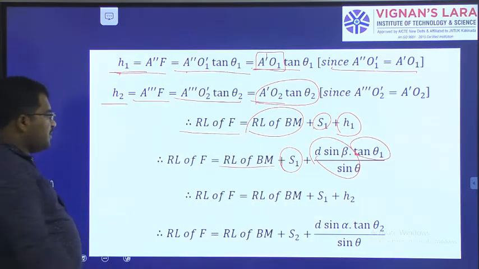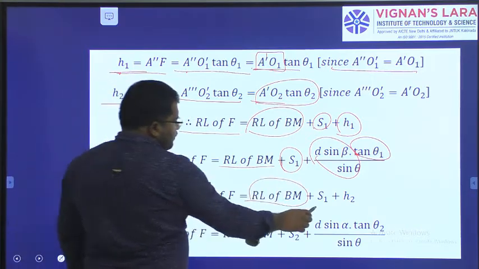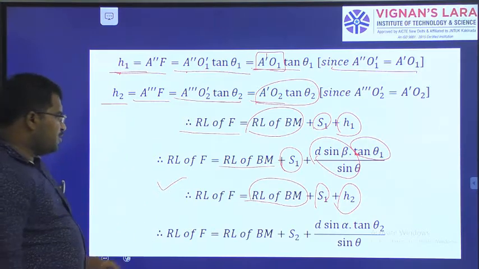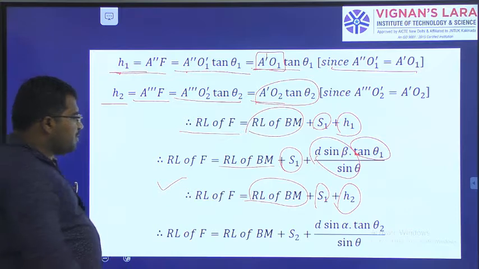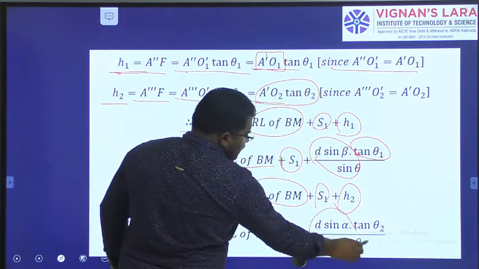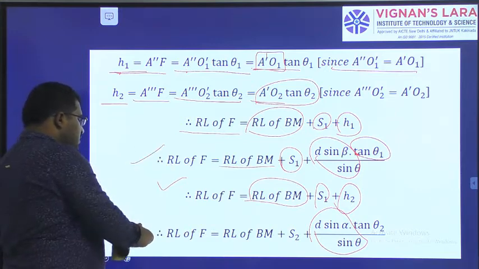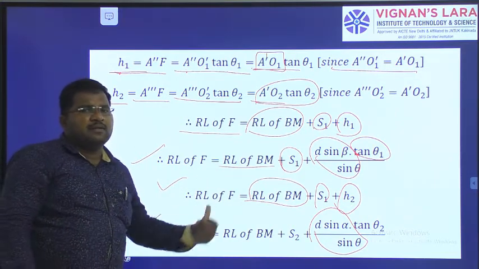Otherwise we can calculate the other value, that is RL of BM plus S1 plus H2. H2 will be equal to D sine alpha by sine theta into tan beta. So either using this equation or this equation, you are going to find out the RL of point F.